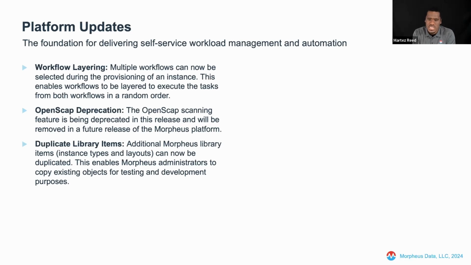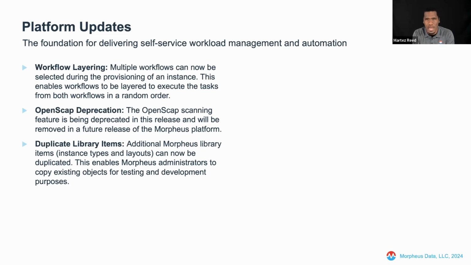So there's a question. Is there a way to export and import library items between test and production environments? That's a great question. So the 6.3.0 release of the Morpheus platform added a capability, which we refer to as import and export, that allows export of Morpheus configuration of various constructs and objects.